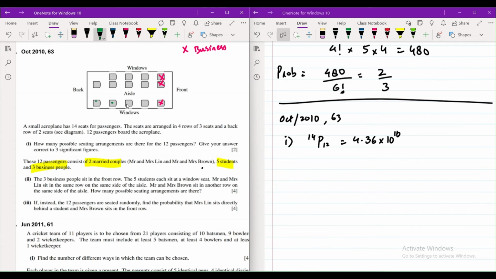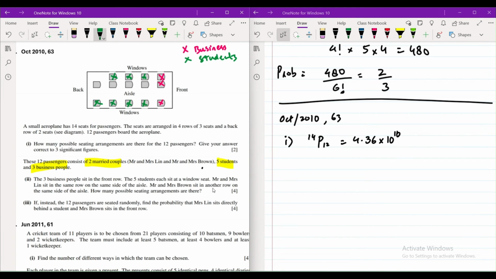That means 1, 2, 3, 4, 5, 6, 7. So this is the students.